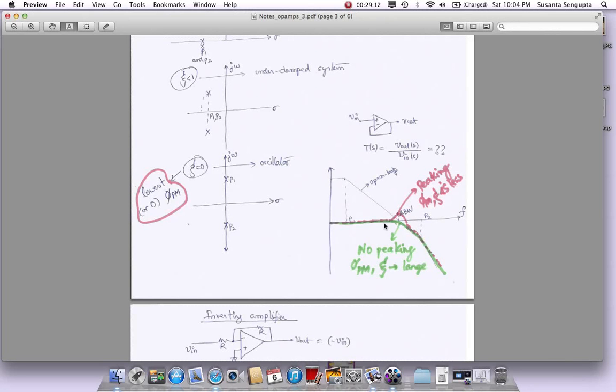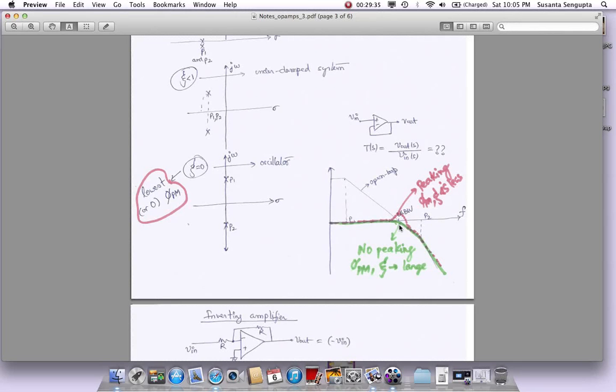So this becomes more like an overdamped type system. This will become more like an underdamped type system, and this will cause you a peaking. More peaking means, if you looked at the transient response, if you hit it with a transient pulse, it would give you more and more oscillations, and it will take longer to settle down. That would be with this red plot.